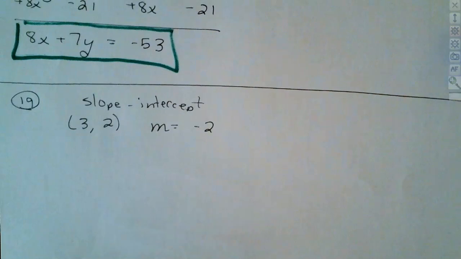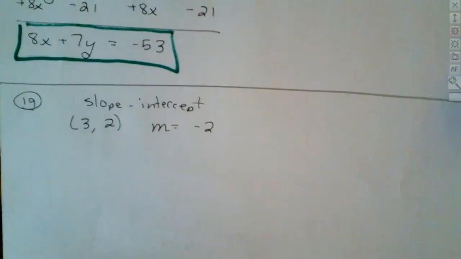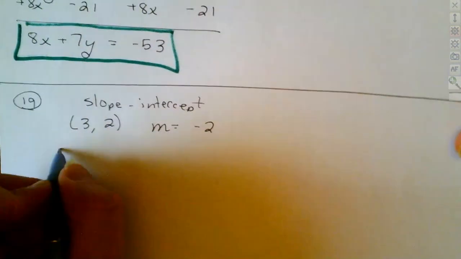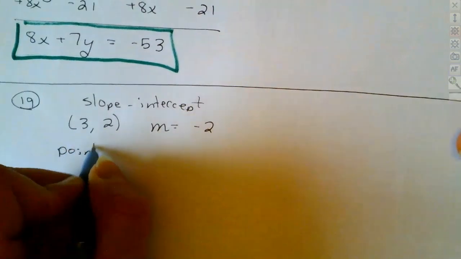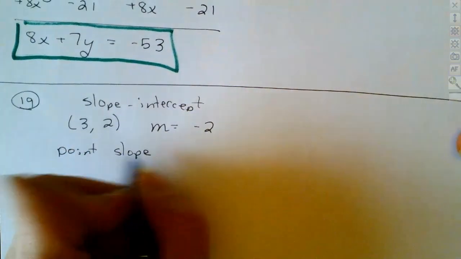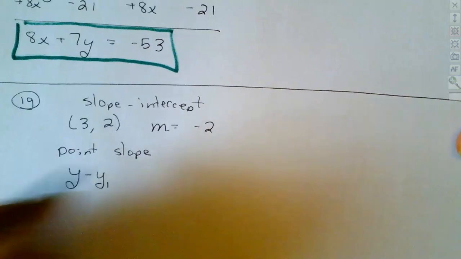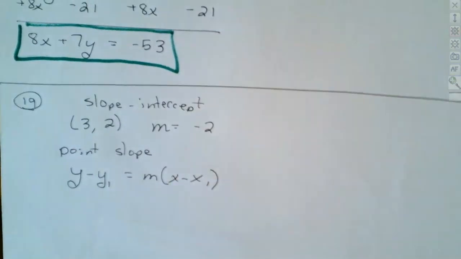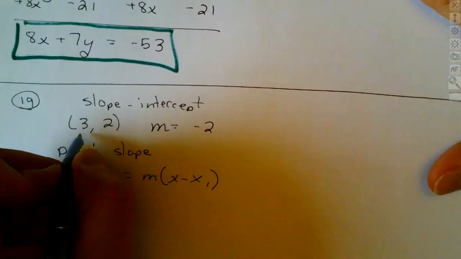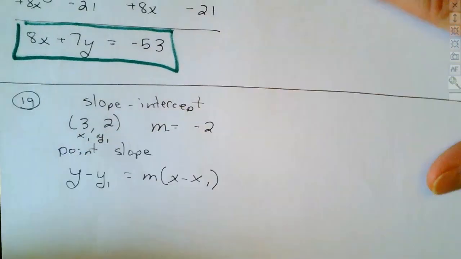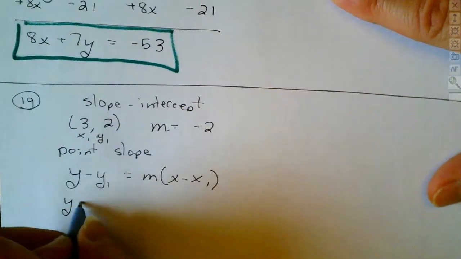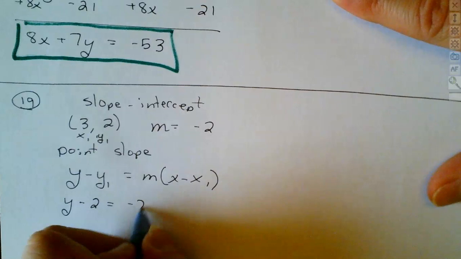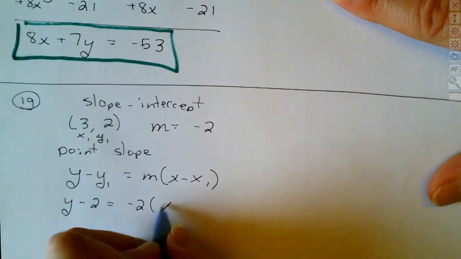So because we have a point and we have a slope, we're going to use point slope. That is y minus y1 equals m times x minus x1. Fill in your pieces, x1, y1. So that is y minus 2 equals minus 2 times x minus 3.